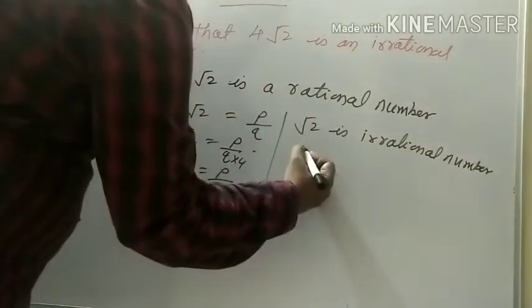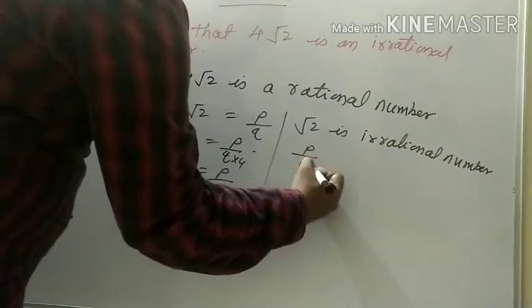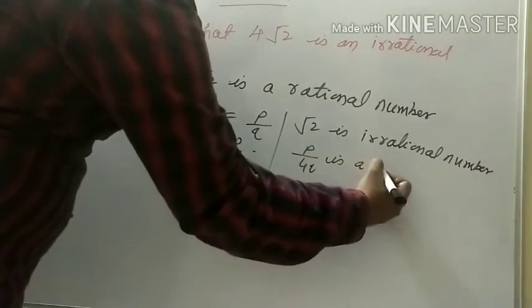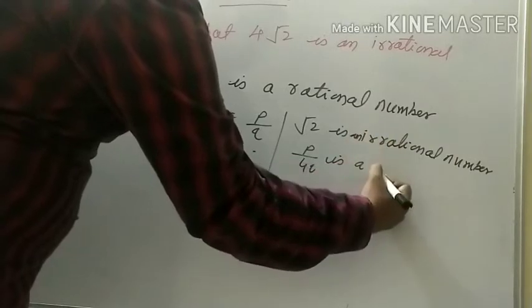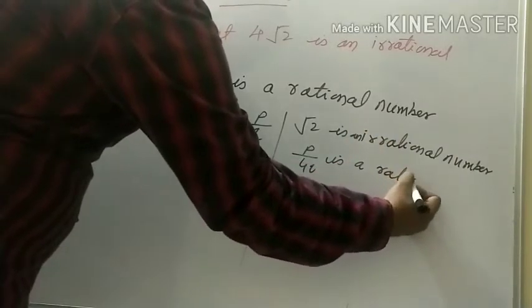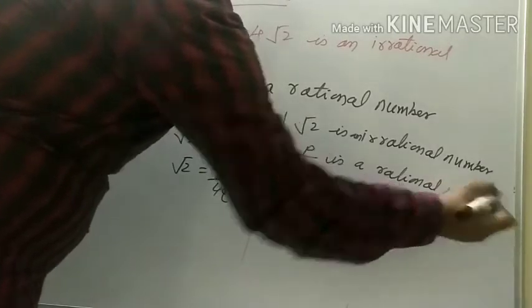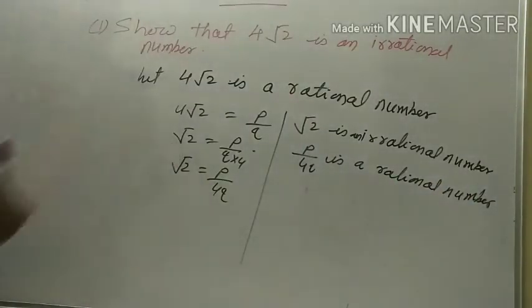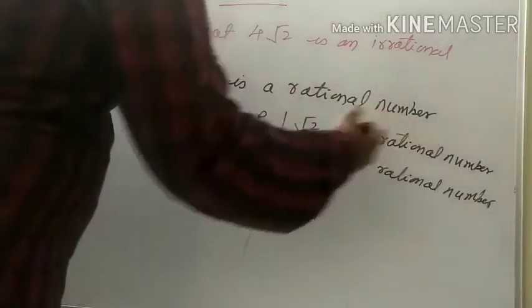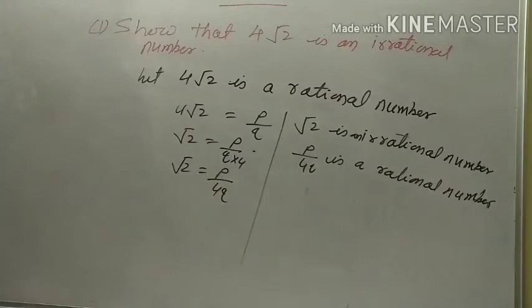And P upon 4Q is a rational number. So one is an irrational number and one is a rational number. So how is it possible that an irrational number is equal to a rational number?